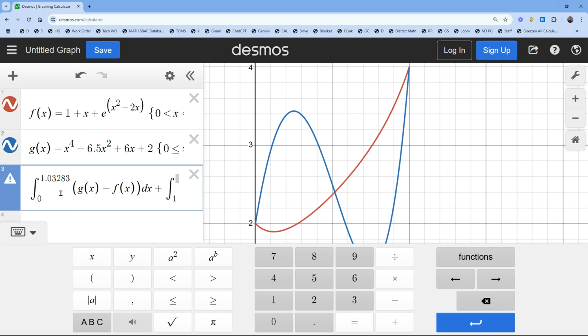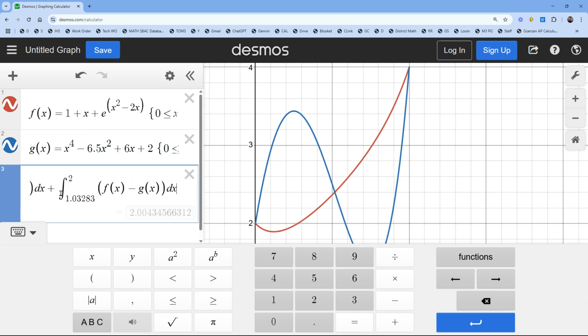This is 1.03283 to 2, and this is now going to be f at x subtract g at x. And you get the answer 2.004.